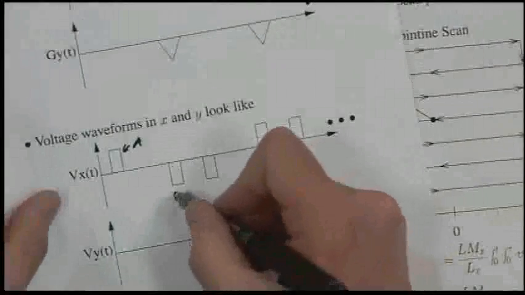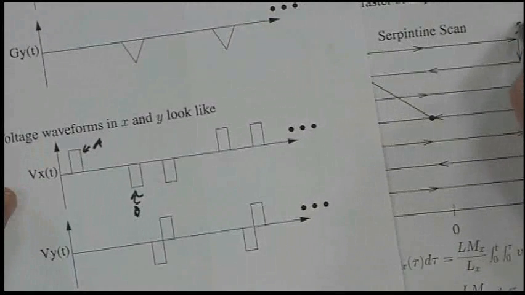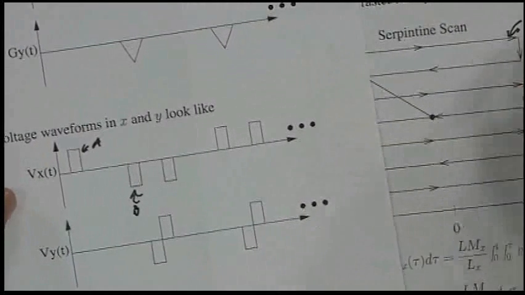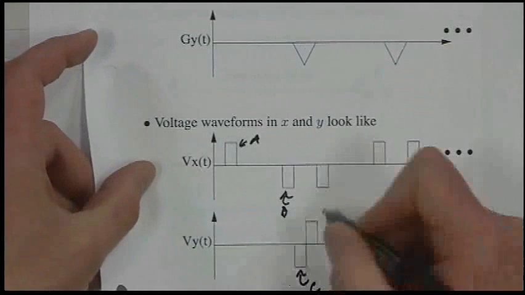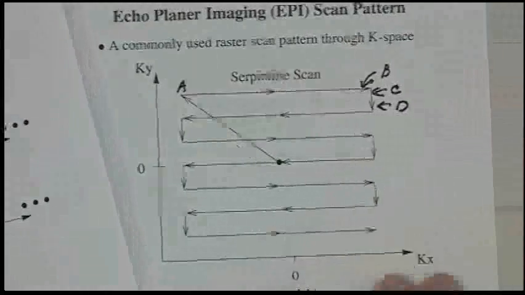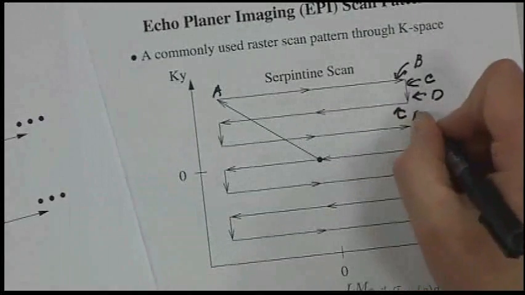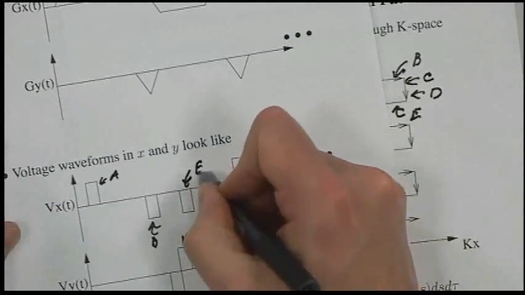And then this is B. That's right here. That's B. And then this is C. And C would be right here. And this is D. And D would be right there, okay? And then this is E. And E would be right here.